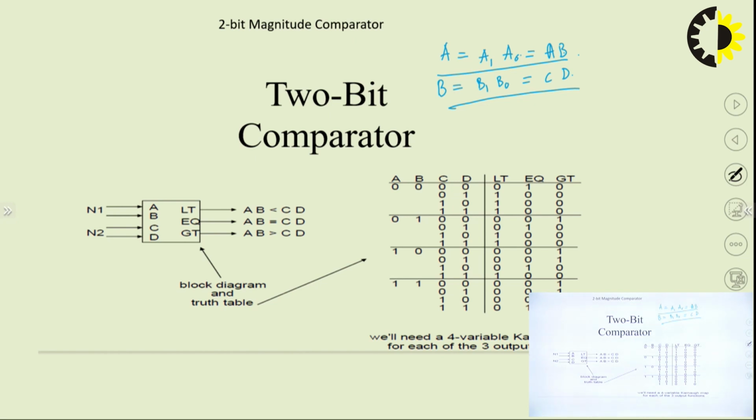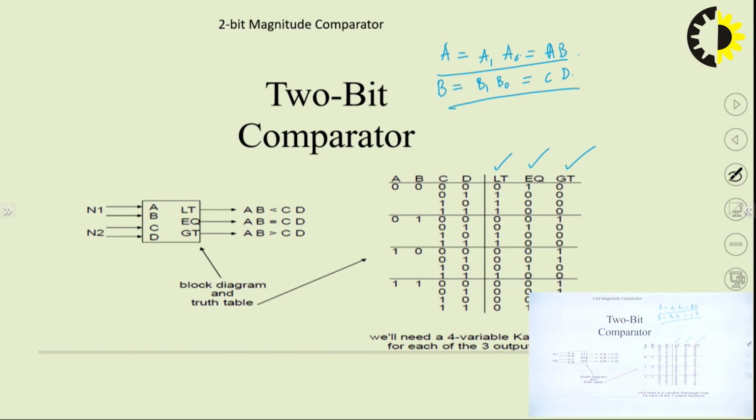Since there are 4 cases of AB, we have 16 cases for complete A, B, C and D. So it is very clear that again we have 3 outputs: less than, equal to, greater than.